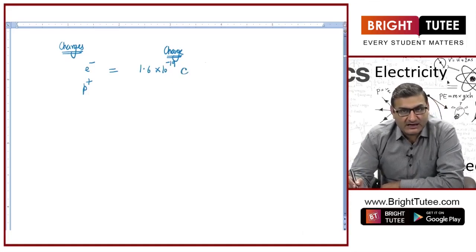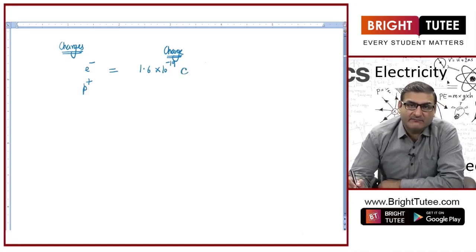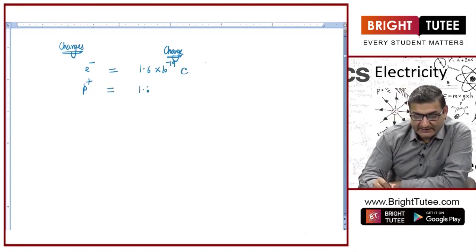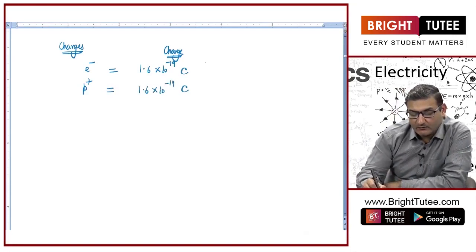The charge on an electron is 1.6 into 10 to the power minus 19 coulombs, and the charge on a proton is strangely the same, 1.6 into 10 to the power minus 19 coulombs.